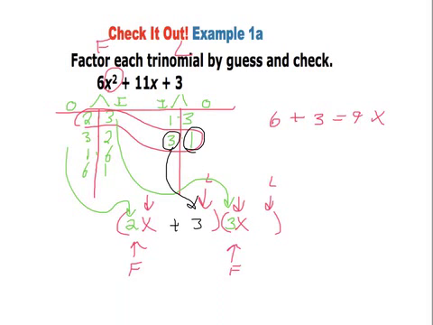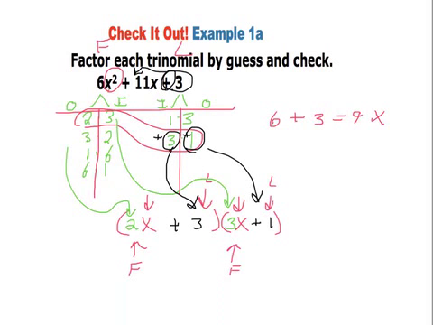And this 1 is going to go right there, and it's a plus 1. How do you know it's a plus 1? Because what are the factors of 3? Well, positive 3 times positive 1. Remember, this sign determines that you're going to look at that sign, and that sign is a plus. That means both of these are plus.